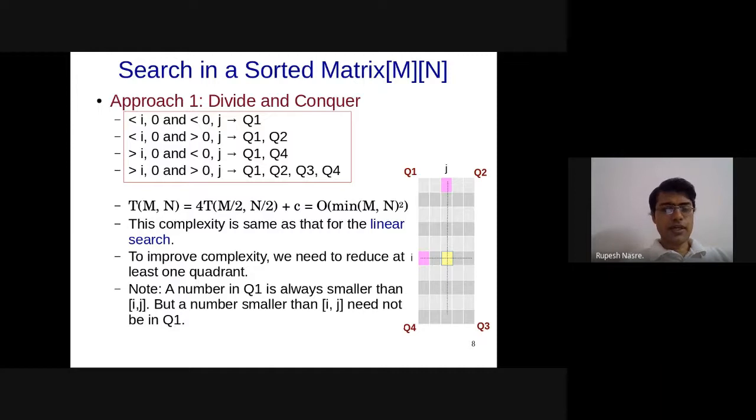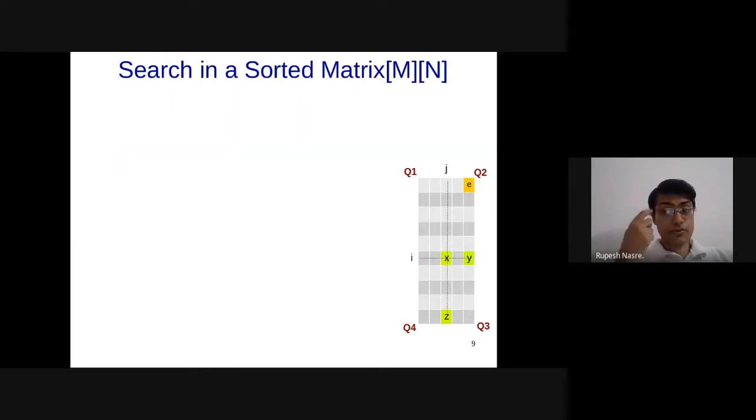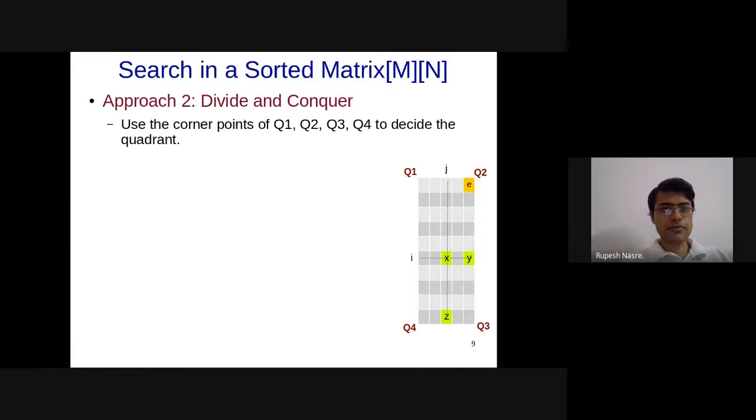Okay, so we'll try to devise such an algorithm for our divide and conquer technique. For this, I am going to make use of some elements like y and z in my algorithm. So we use the corner points of Q1, Q2, Q3, Q4 to decide which quadrant to search.